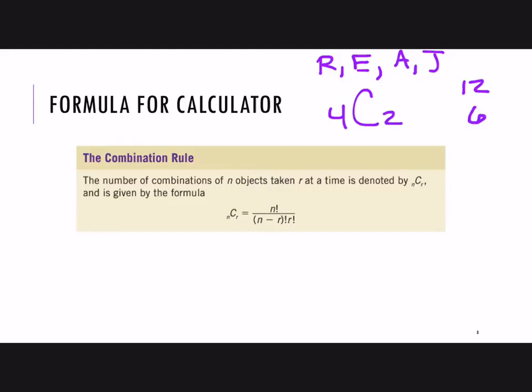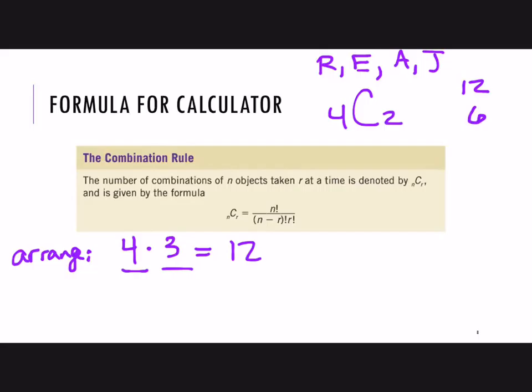So if you think about the permutations formula, or even just the fundamental counting principle, when you're going to choose your 2 people, if we just look at arrangements, there's 4 people who could be in the first spot, 3 people who could be in the second, and then multiply, and that gives you 12 different arrangements or permutations.